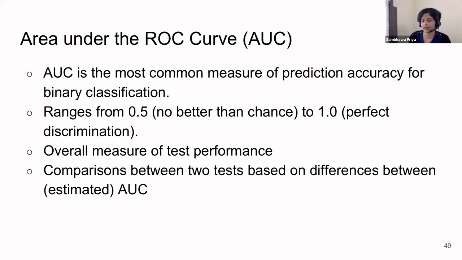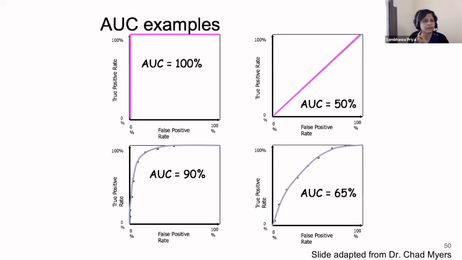So here are some AUC examples, right? This is when you have 100% area under the curve, which usually doesn't happen for a real world example. And this is the AUC at 50. This is just like a random classifier, which cannot discriminate at all between the two classes.